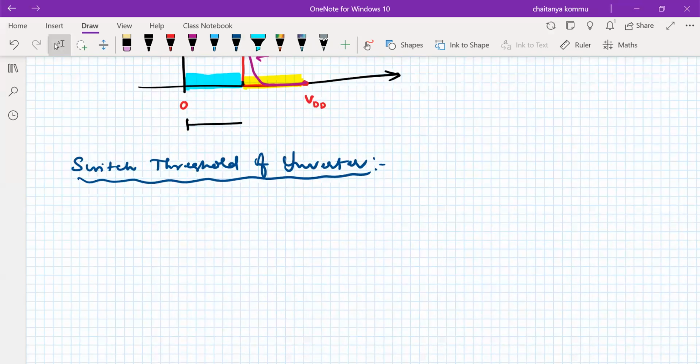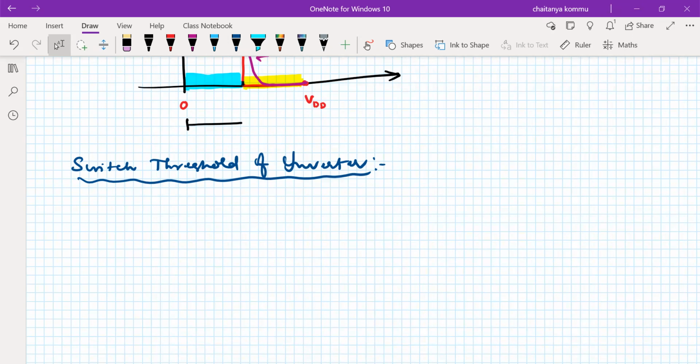As I mentioned, power consumption exists in the CMOS device only when both the transistors are on, and the input voltage at which the maximum current will flow is called the switching threshold of an inverter.